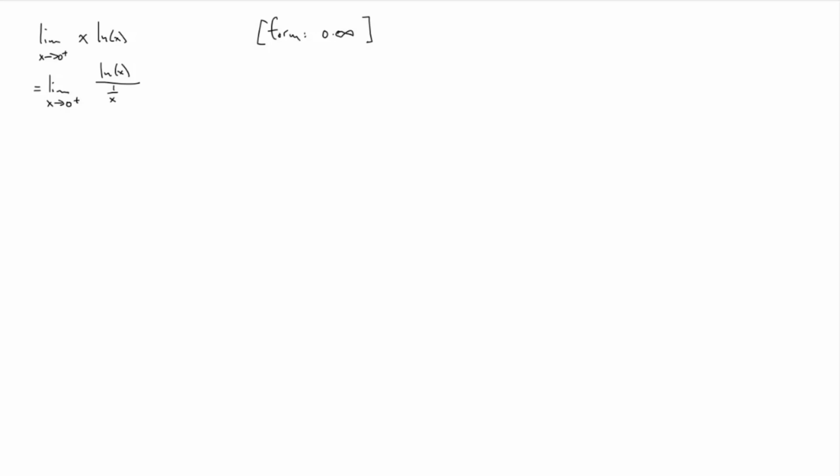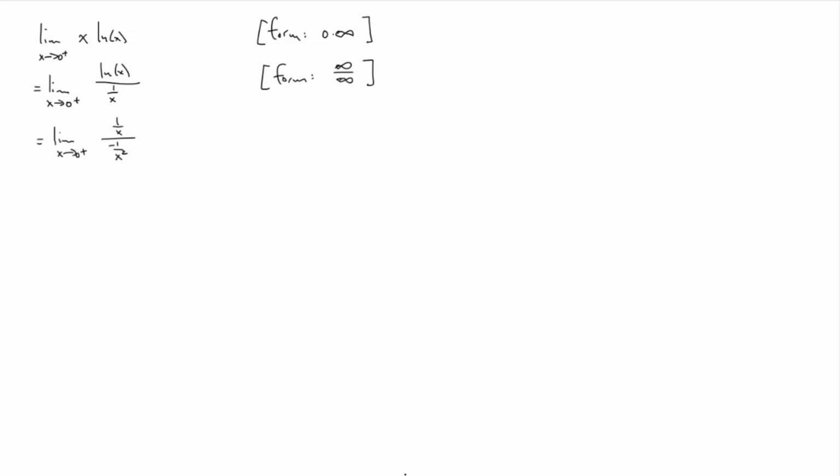And so these are the same expression algebraically, but as x approaches 0 from the right, natural log of x goes to negative infinity, and 1 over x goes to positive infinity, and so this is of the form infinity over infinity. And that means we can apply L'Hopital's rule.